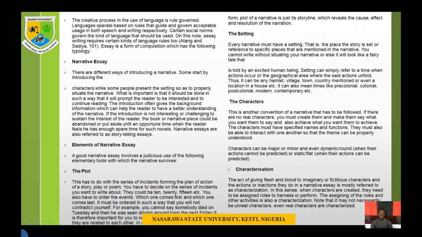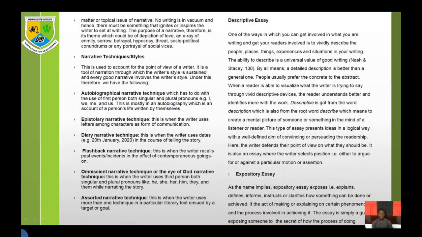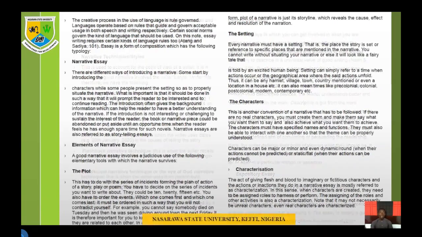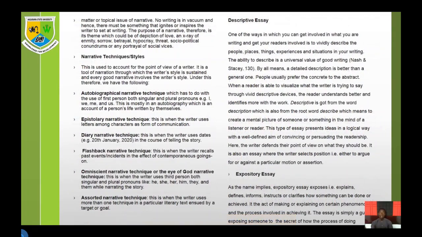The next element of narrative is narrative techniques or styles.